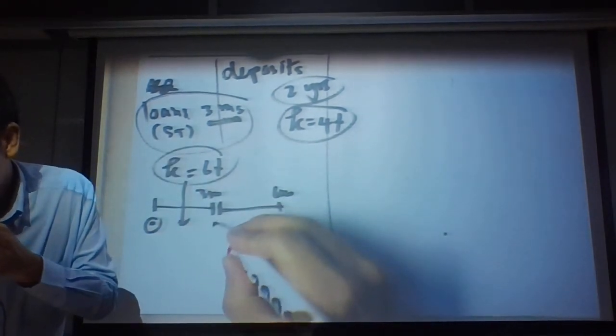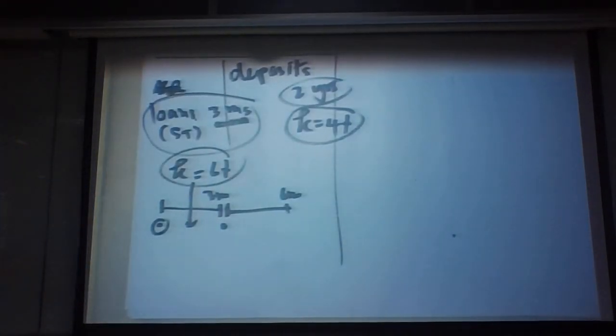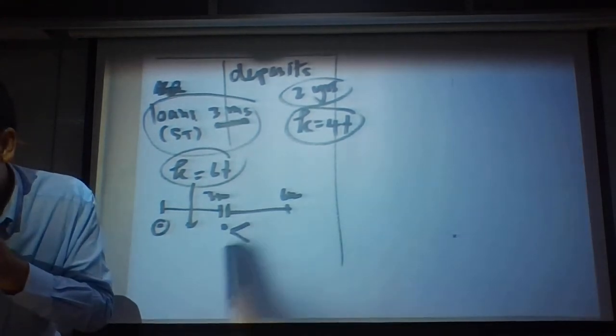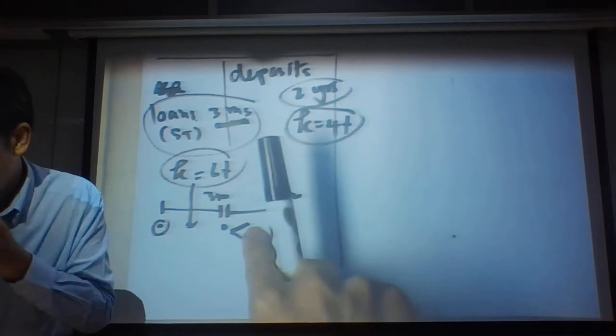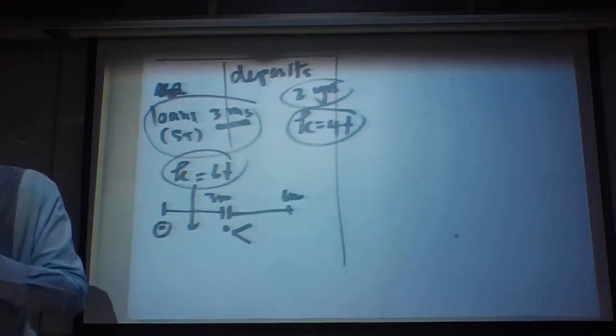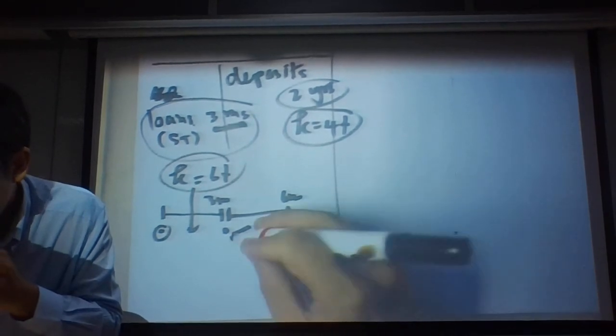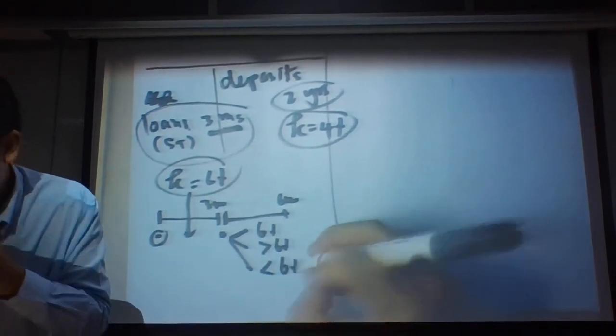However, when the bank offers the loan to the new customer, it is risky because the bank is not sure whether the interest rate during the next 3 months will be 6%, greater than 6%, or lower than 6%.